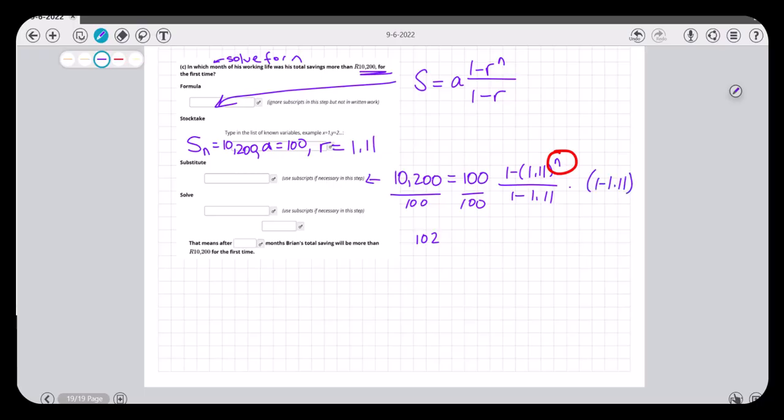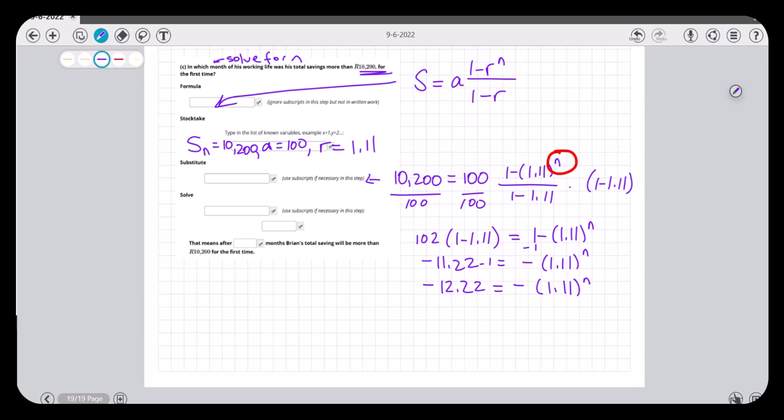So I'm going to multiply it over here as well, 1 minus 1.11, and all I'm left with here is 1 minus 1.11 raised to the N. I went ahead and distributed all of this and got an actual value, negative 11.22. Notice I can subtract this 1 from both sides. So I'm left with a negative 1.11 raised to the N. This, of course, is going to give me negative 12.22 equals negative 1.11 raised to the N.